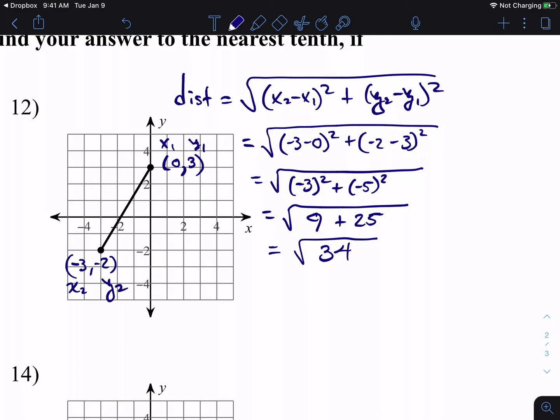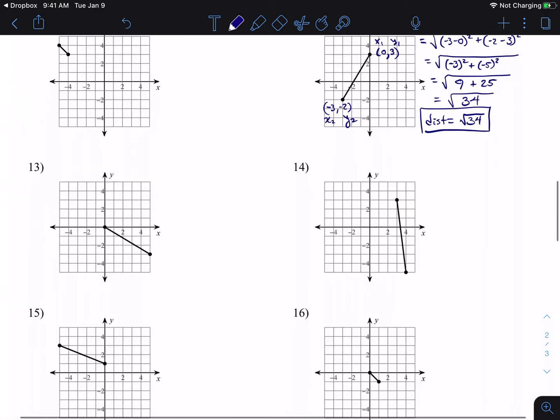Now, 34 is even, but it's 17 times 2, and neither of those is a perfect square, so the distance is the square root of 34. That's an exact form, and it's simplified because it can't simplify down any further, so there's the answer. Okay, so that's how that one's done.